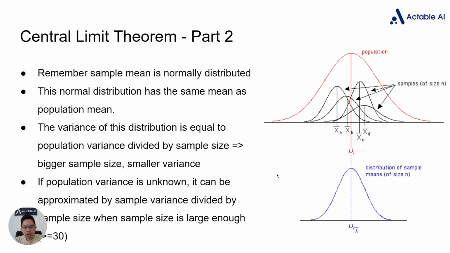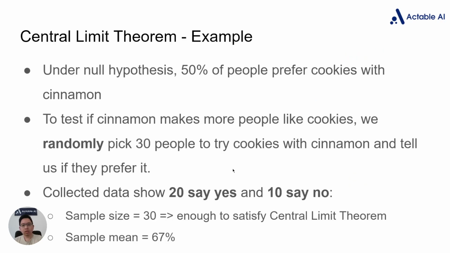However, in reality, the population's variance is usually unknown. In this case, we can use the sample variance for an estimation instead. So that is the second part of the central limit theorem.